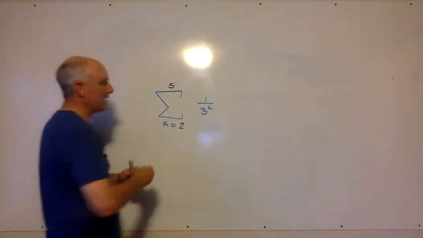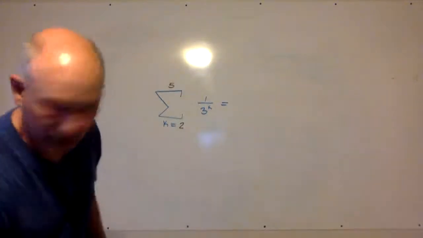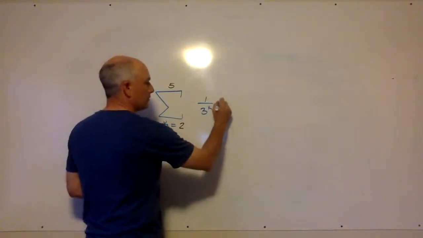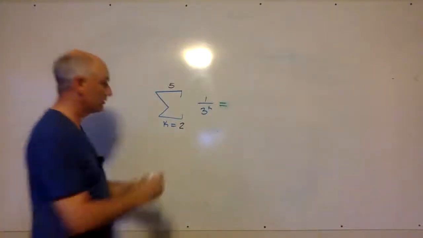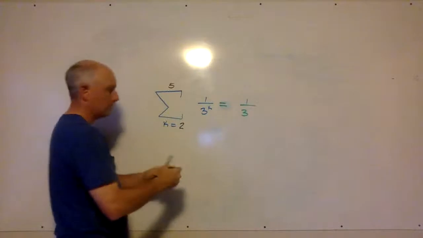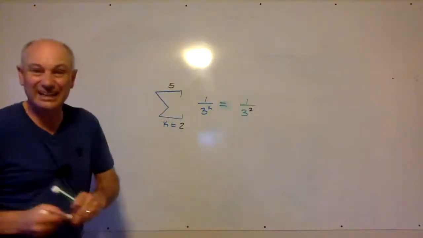So when I go to actually calculate this, what my terms would look like are as follows. I'd have 1 over 3 to the second power. There's my first term, and I got to clean it up.